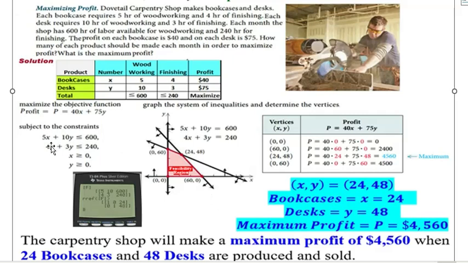Then you have 5x plus 10y is less or equal to 600, means below this line. And 4x plus 3y less or equal to 240 means below this line. That means the feasibility region is above the x-axis, to the right of the y-axis, below this line, and below this line.